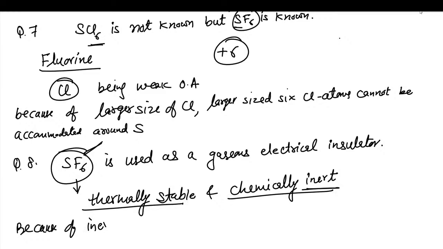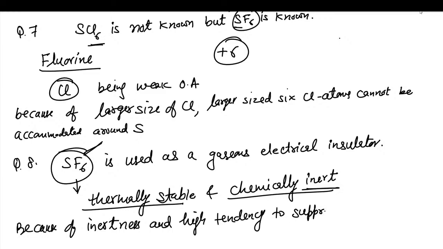So because of its inertness as well as its high tendency to suppress internal discharge, it is used as a gaseous electrical insulator.